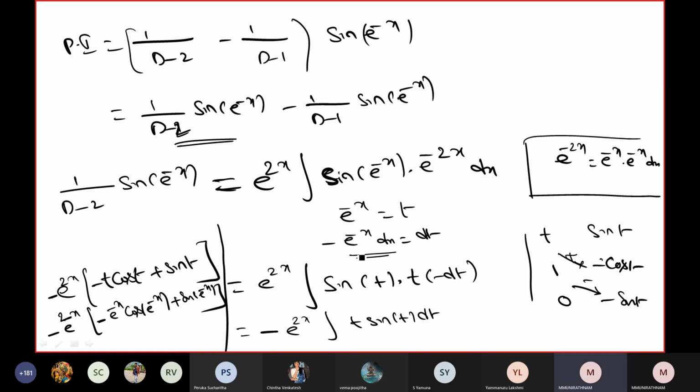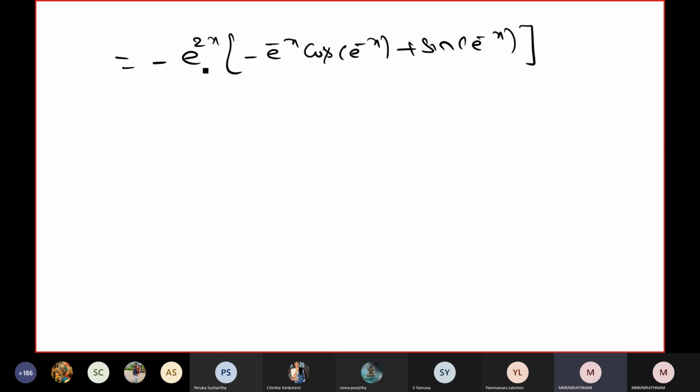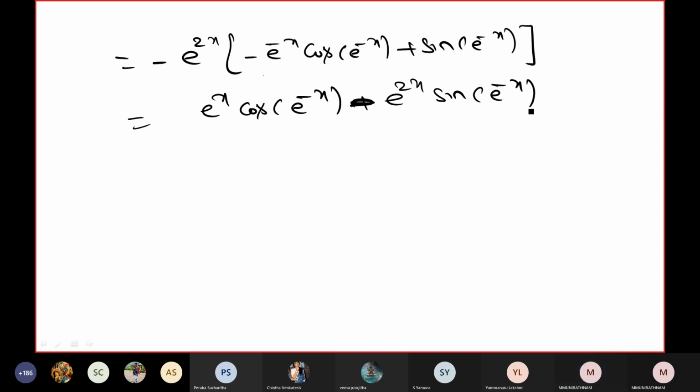So let's multiply with e power 2x. What did we get? Minus e power 2x into e power minus 2x into minus e power minus x cos of e power minus x plus sin of e power minus x. Is that right? Multiply with e power 2x: minus into minus is plus, e power 2x into e power minus x is e power x cos of e power minus x, plus, sorry, minus, because of this minus, e power 2x into sin of e power minus x.